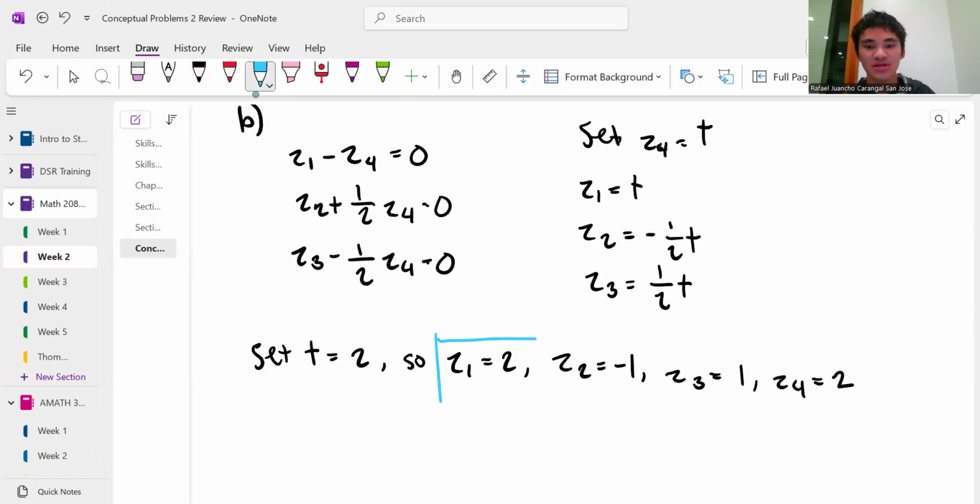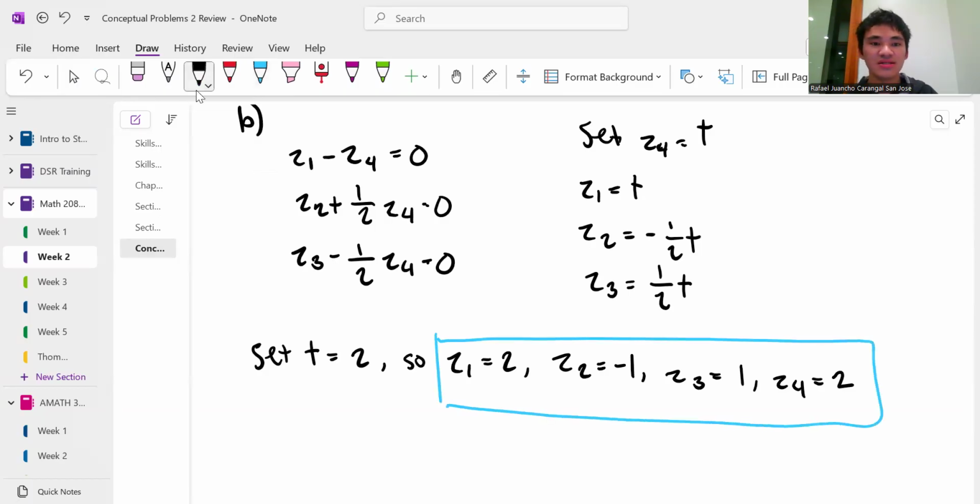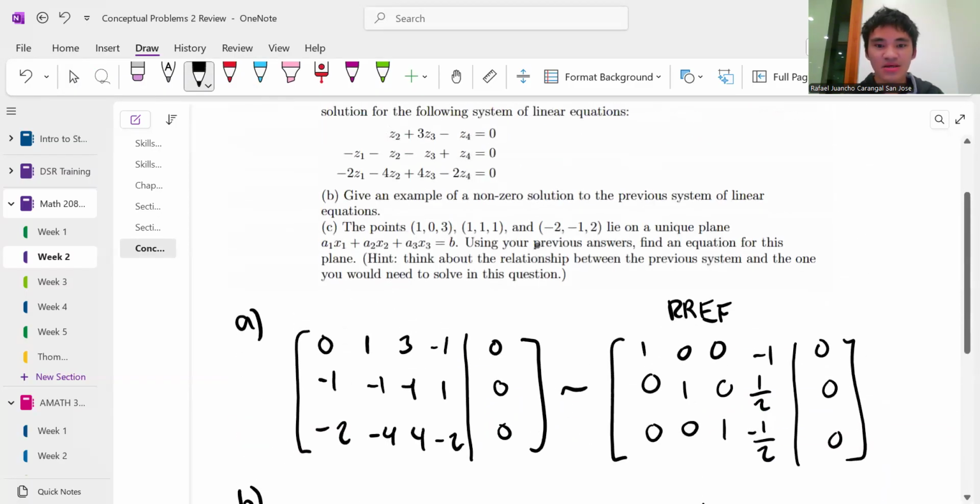So this is an example of a non-zero solution, and we can even plug in more values of t. Okay? And the way we can check is just plug it in.